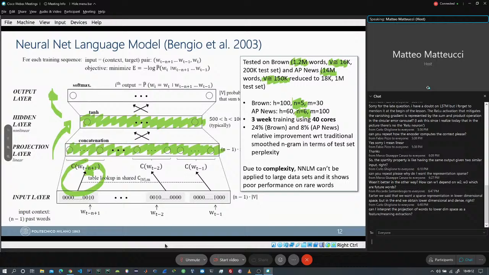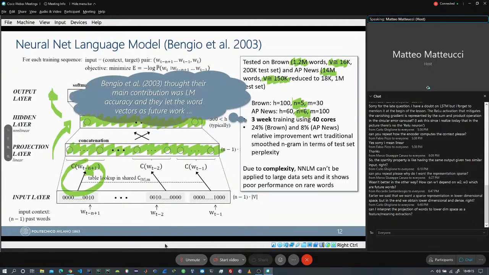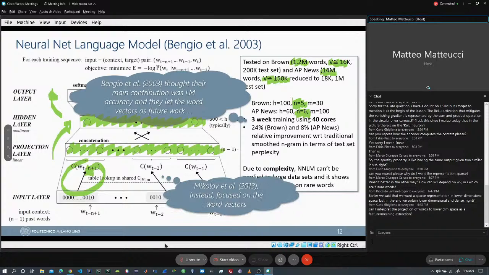Bengio and his group were very happy, but they didn't realize that they unintentionally invented word2vec. Why unintentionally? Because word2vec was invented 10 years later based on this idea. Based on the neural net language model, which is this model that I was describing here, Mikolov and colleagues at Google wanted to apply this idea to bigger corpora, because Google had way more documents than were available to Bengio in 2003.